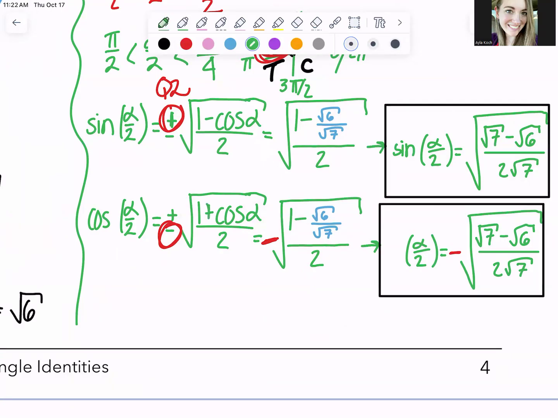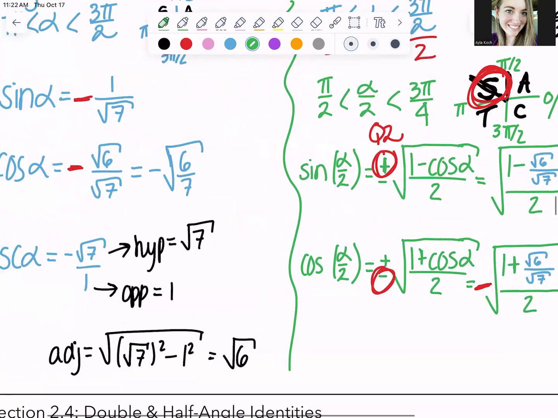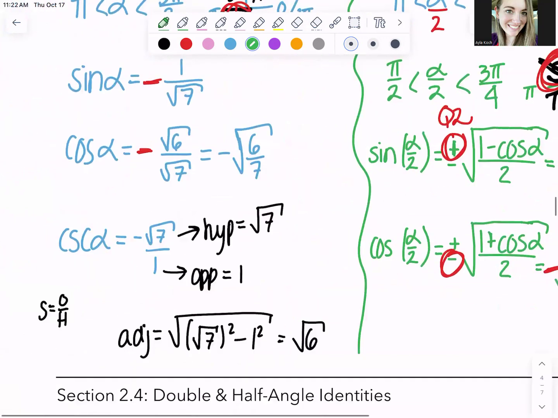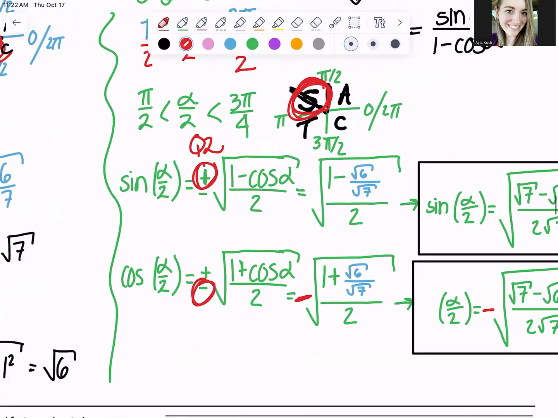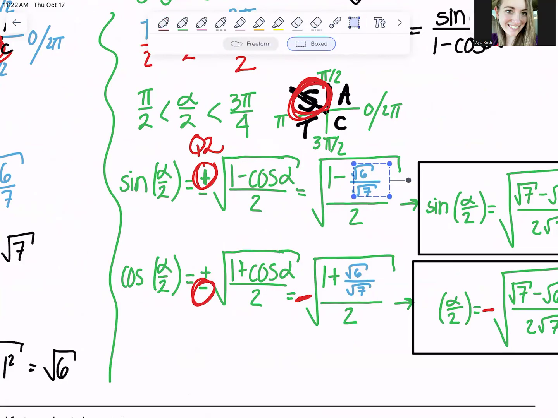And this is a plus sign. Oop, mistakes everywhere. There was a negative. I missed that negative. So let me come in here and add in a negative.